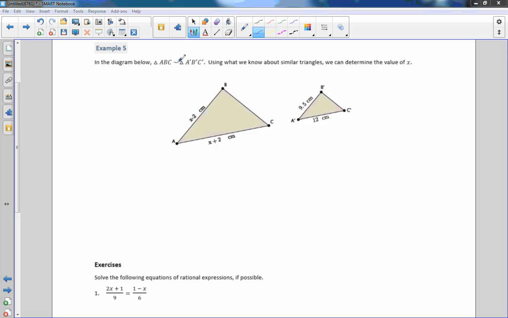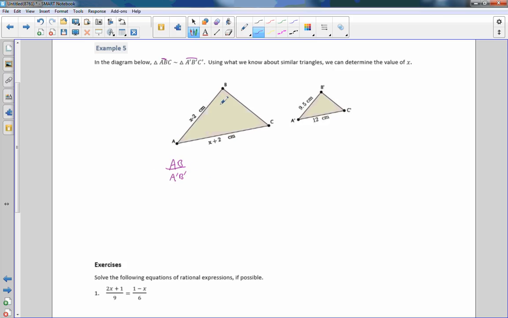So we're told it is similar, so we can set up this proportion. So if I'm going to compare AB, so AB in the name is right here, that corresponds to the first two letters in the other, and that's how these namings work. A corresponds to A prime, B corresponds to B prime, and C corresponds to C prime. So if I choose AB as my numerator in a fraction, I'm doing a ratio, and I compare it to A prime, B prime, like this.